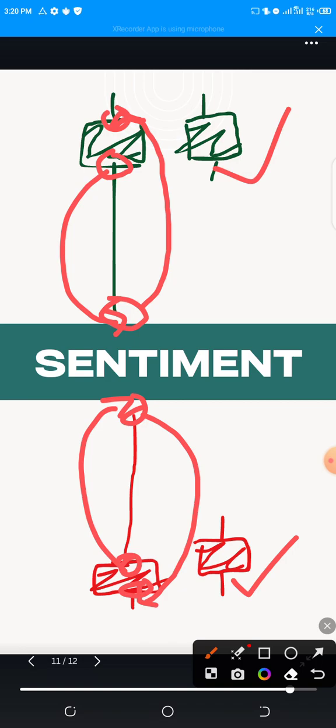You can also add RSI to it. You can add your moving average, or any other indicator to use with this candlestick. The more confirmation you have, the safer your trade is. I hope you are understanding this.